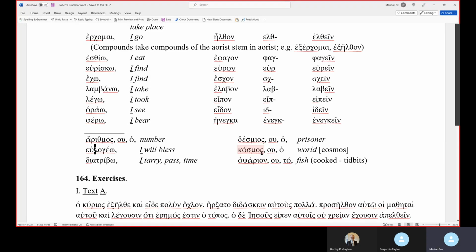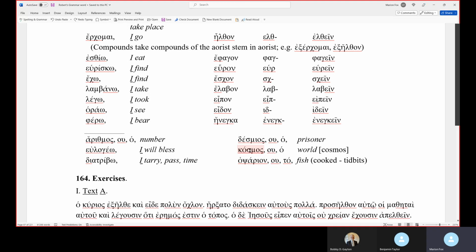Cosmos, and our word cosmos, and a cosmonaut was a Russian word, and they probably got it from the Greek language, which came into the land of Russia. The Slavic people got a lot of the structure of their language, at least Russian, and I understand Ukrainian's pretty much like Russian, from the Greek-speaking people, probably that brought the gospel to them.